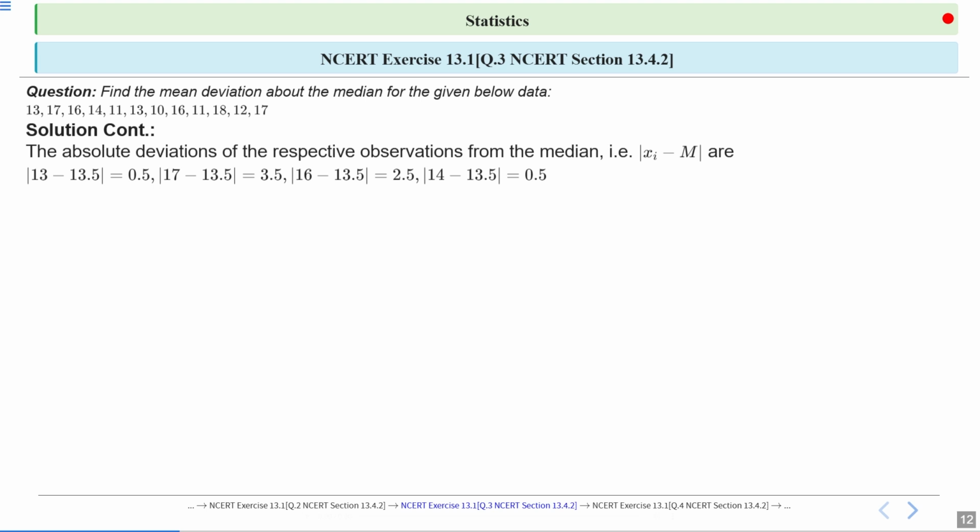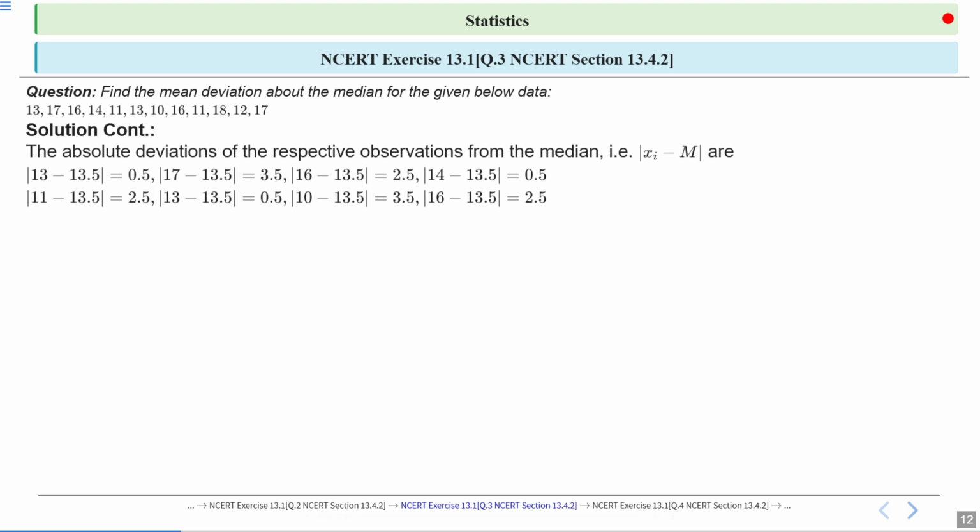Absolute value of 16 minus 13.5 is 2.5. And absolute value of 14 minus 13.5 is 0.5. Similarly, you can find the absolute values of 11, 13, 10 and 16 from the median 13.5.